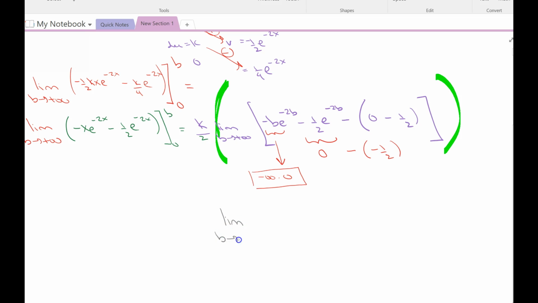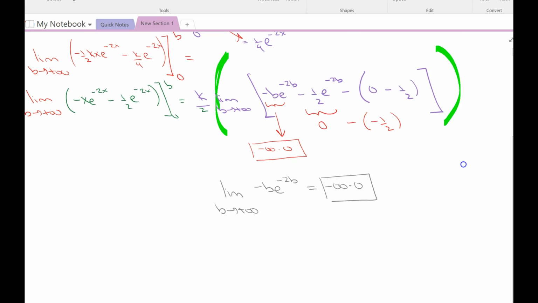The limit as b approaches positive infinity of negative b e to the negative 2b equals the indeterminate form of negative infinity times 0. You also know that for indeterminate forms of this type, the first thing we do is try to rewrite the argument of the limit in a form that will yield a L'Hopitalable indeterminate form.